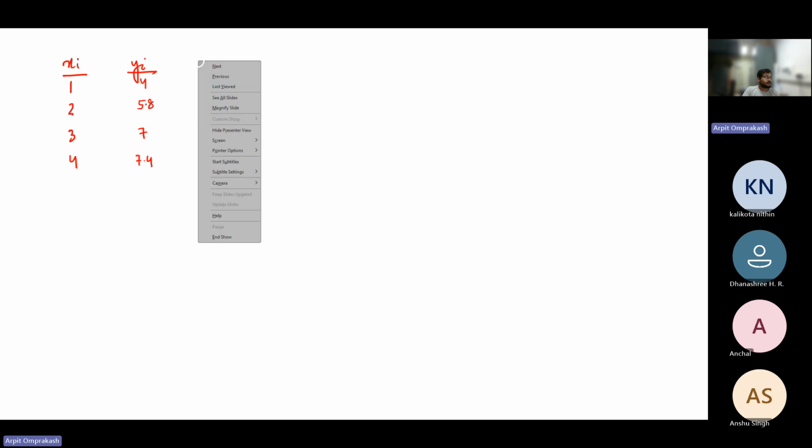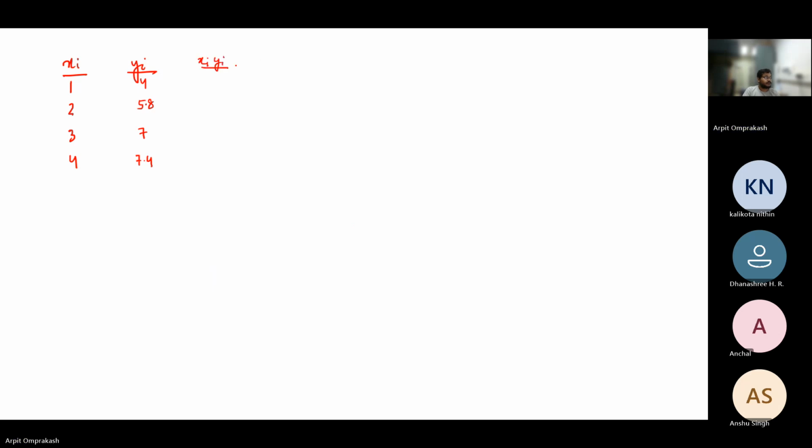So we have x, xi square, and then we have y, y square. Right. So xi yi here will be, right.